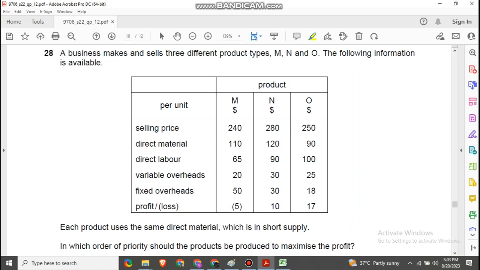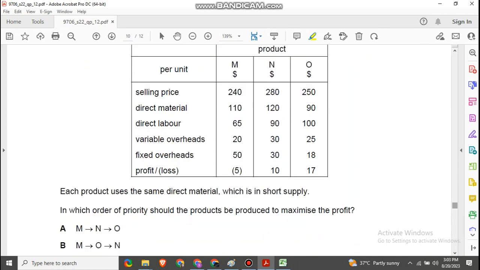Each product uses the same direct material, which is in short supply. Now we know where we are going. It asks in which order of priority the products should be produced to maximize the profit.